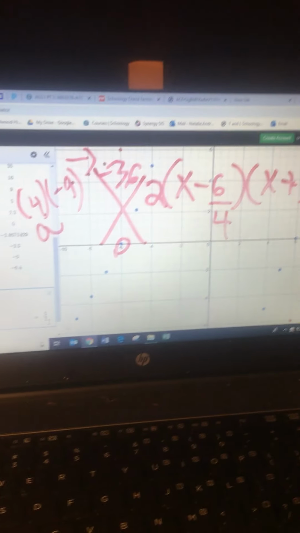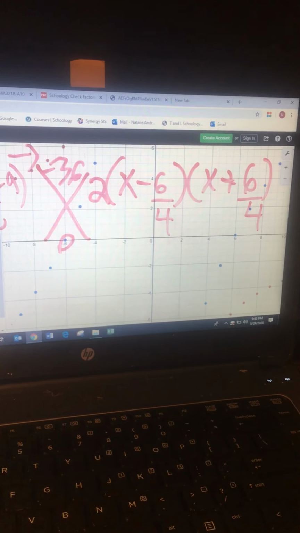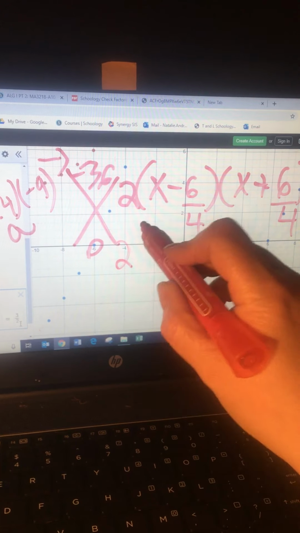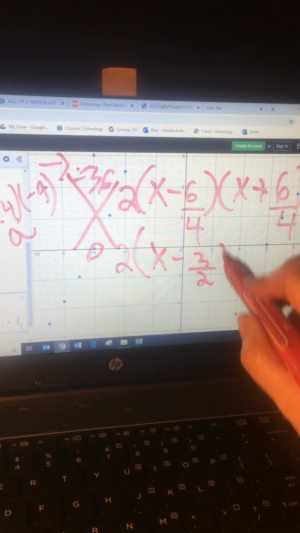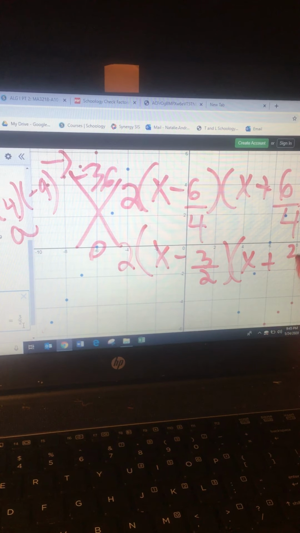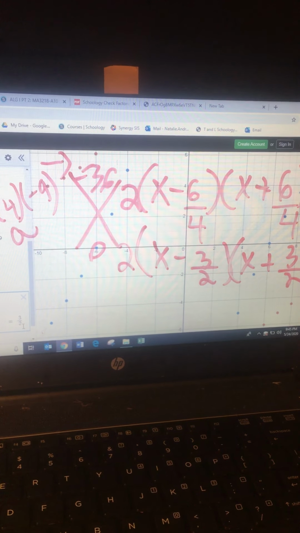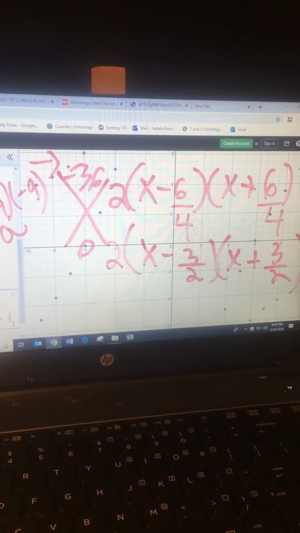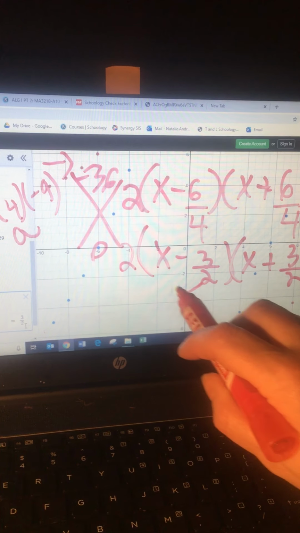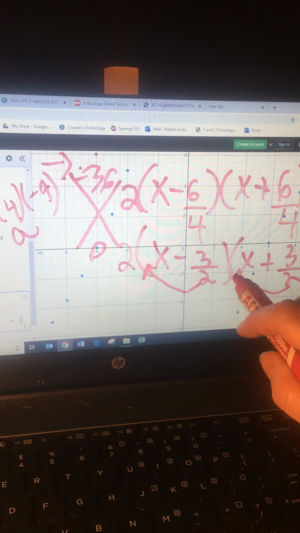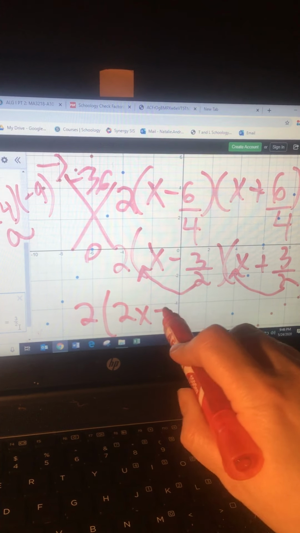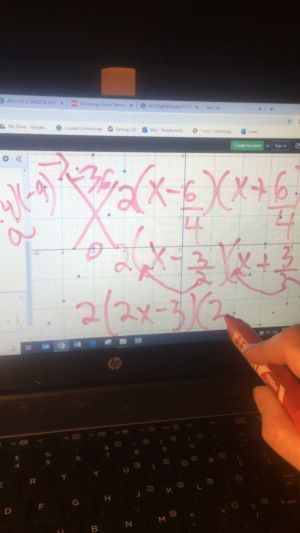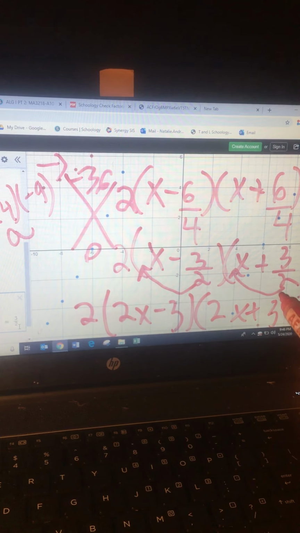All right, go back to the problem. So you're going to write 2, that's your GCF, x minus 3 over 2, and x plus 3 over 2. Same exact numbers. Now last step, don't forget, we don't want any fractions, so you move the 2 to the front. So our final factor answer is 2x minus 3 and 2x plus 3.